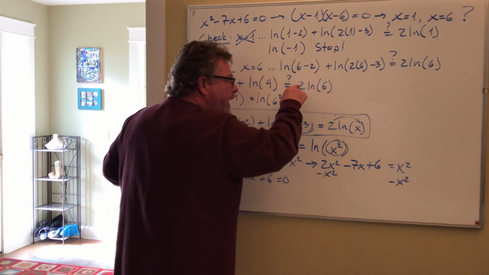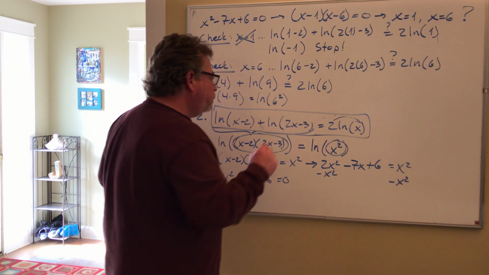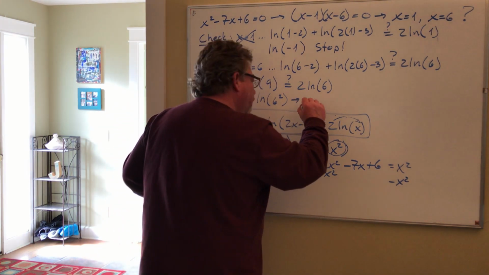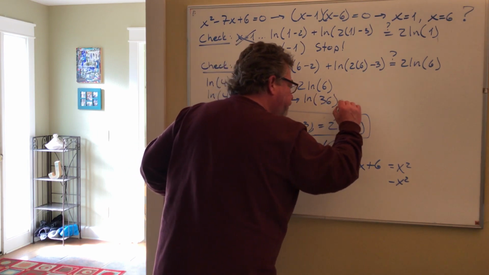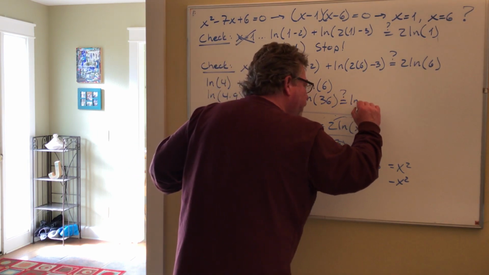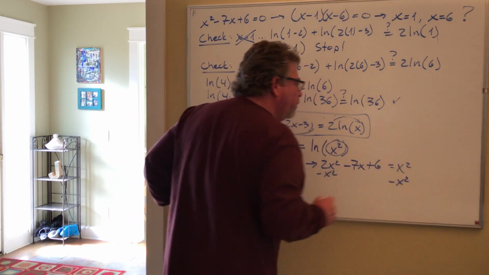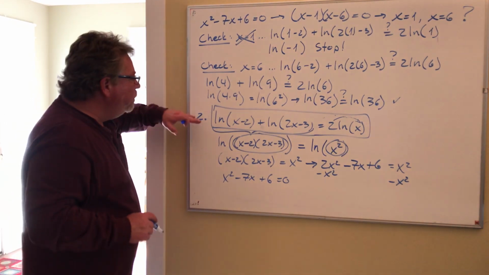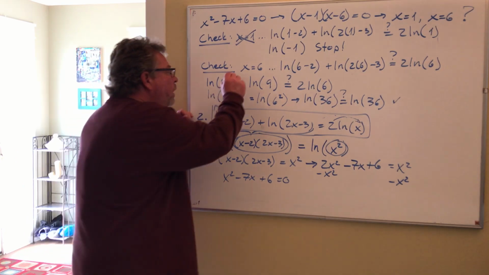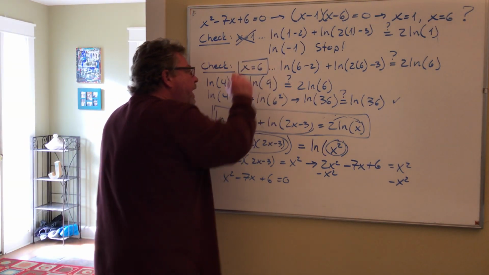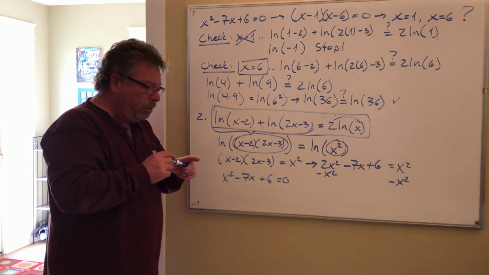I can drift that exponent, this value of 2, up into the exponent position. So this gives me the natural log of 4 times 9, which is 36. Is that equal to the natural log of 6 squared, which is 36? And everything's cool. So this original equation has one and only one solution, and it's that guy right there at x equals 6. x equals 1 is an extraneous solution.